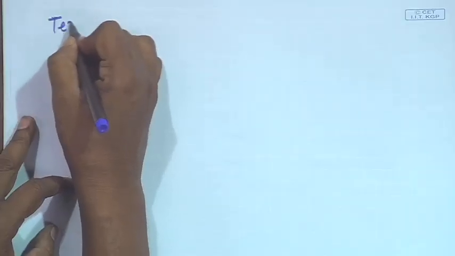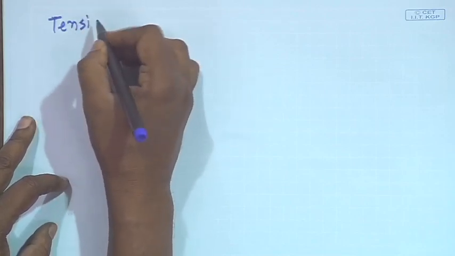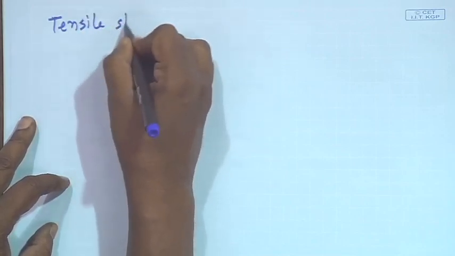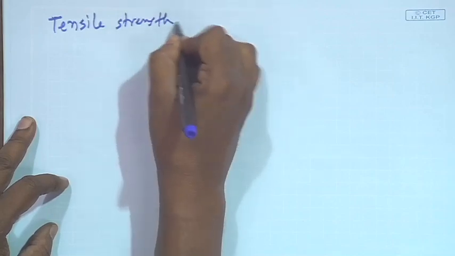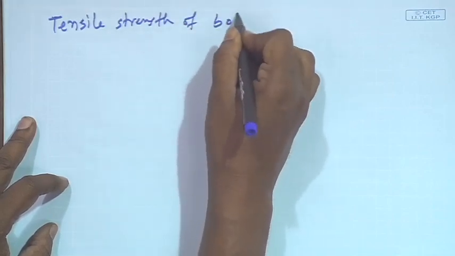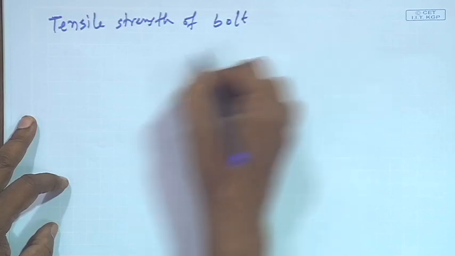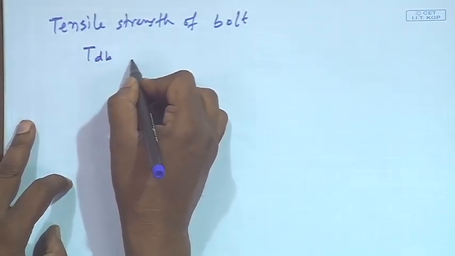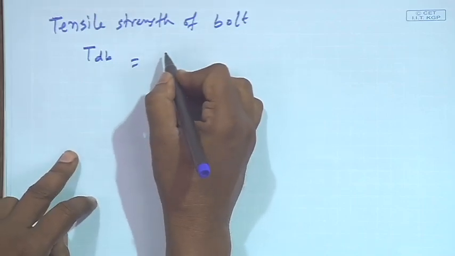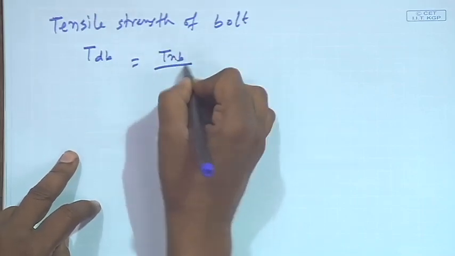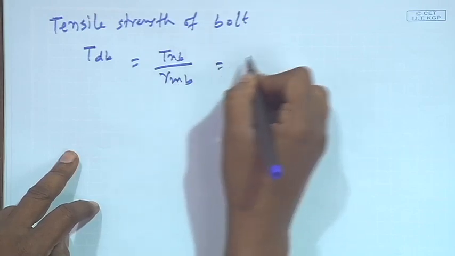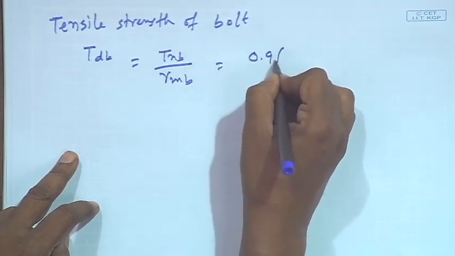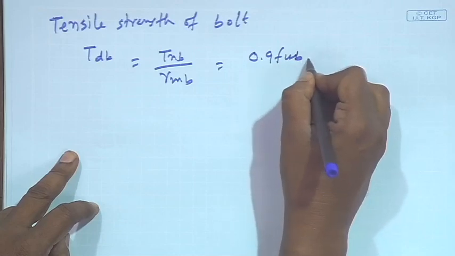Now, tensile strength of bolt, that also we can find out. TDB, the tensile strength of bolt, will be TNB by gamma MB. TNB is basically 0.9 FUB into ANB.